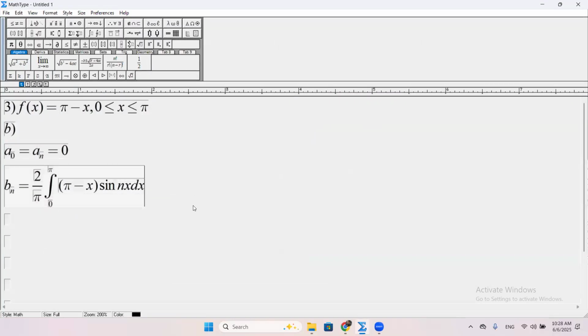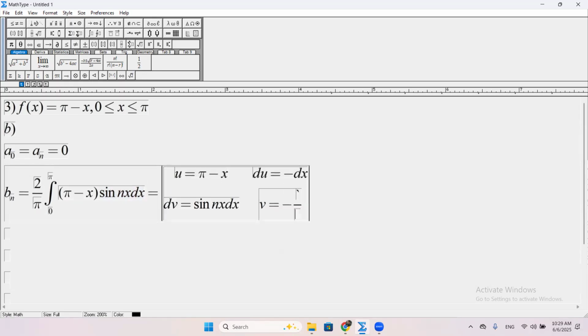We will integrate it by parts as well. u equals p minus x, du equals minus dx, dv equals sine of nx dx, and v equals minus 1 over n cosine of nx.